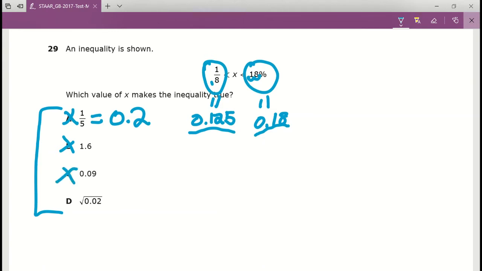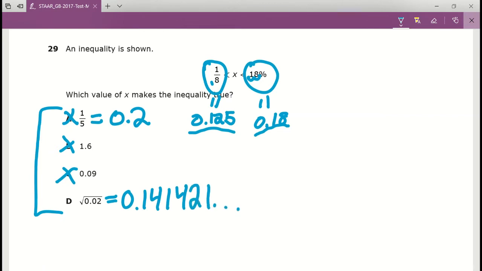Finally, choice D, we have a nasty square root, so we need to use our calculators to change the square root into a decimal form. We press the square root button on our calculators, type in 0.02, and we get 0.141421, and then there'll be some stuff at the end.